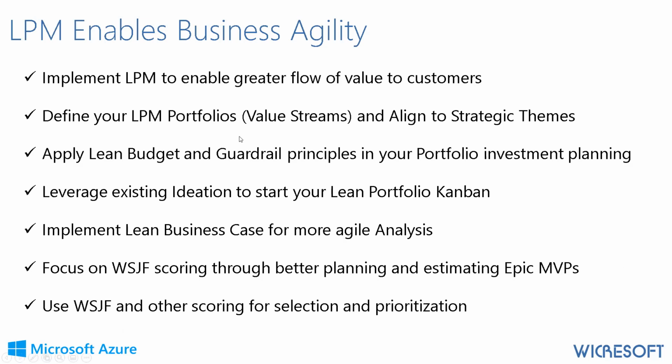So you're going to define your portfolios, which are your value streams and ARTs, and then align them to strategic themes. This is really important because alignment is one of the key concepts, and you begin by having those foundational inputs that I defined initially in order for you to have them mapped to your value streams.